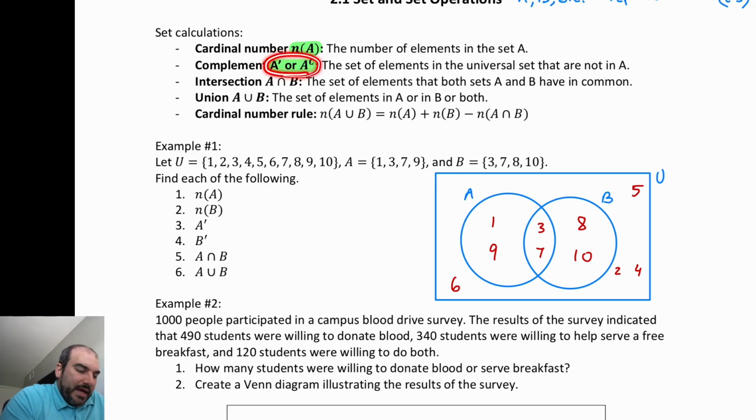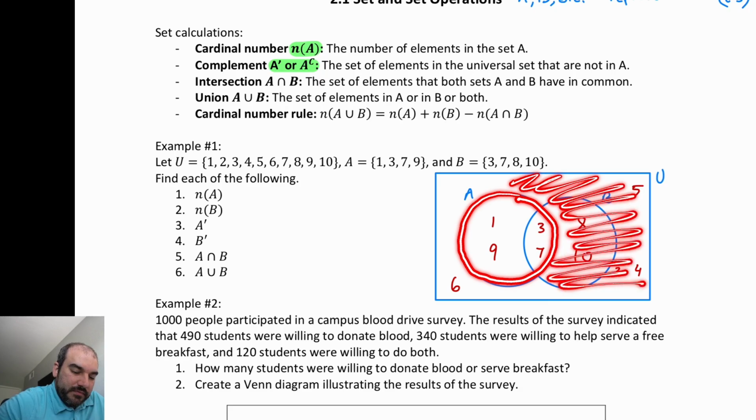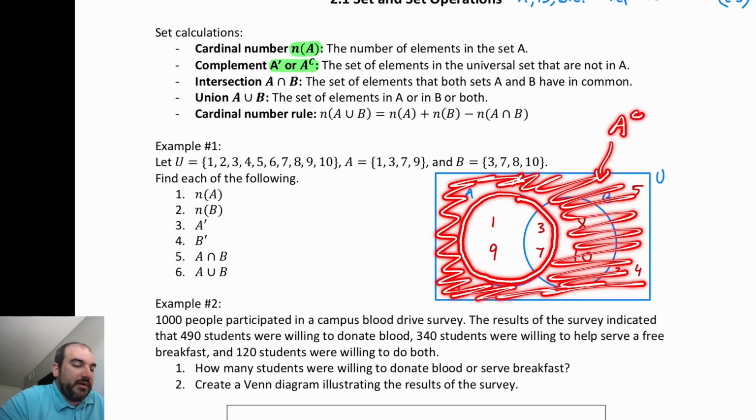When we talk about a complement, I'm going to specifically just show it to you on the Venn diagram, but I'm not going to leave it on there, so pay attention. A complement is talking about everything outside of A. So if I draw a circle for all of A, and I shade outside of that, that shaded area is A complement.